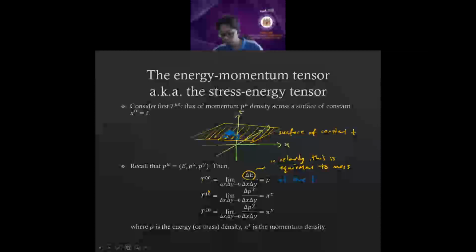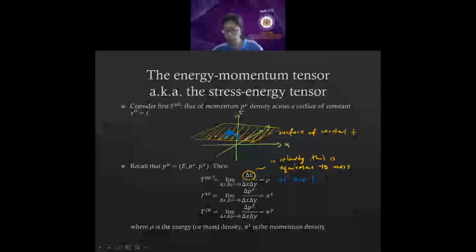While the 1,0 component, by definition, is given by this, and this in the limit as the area goes to 0 is going to give you the momentum density. Same thing goes for the T20 component. You're going to get the momentum density in the y direction.